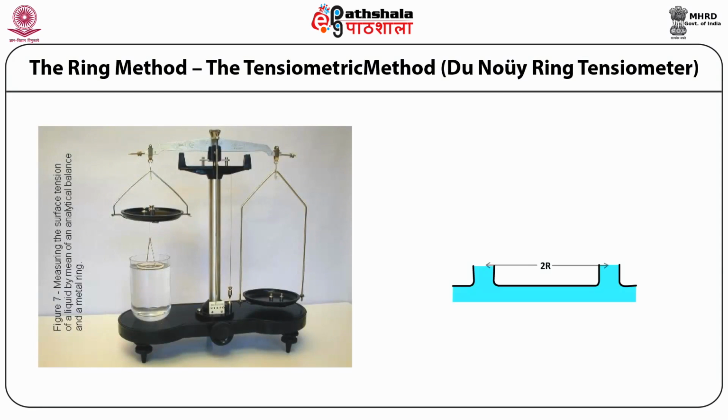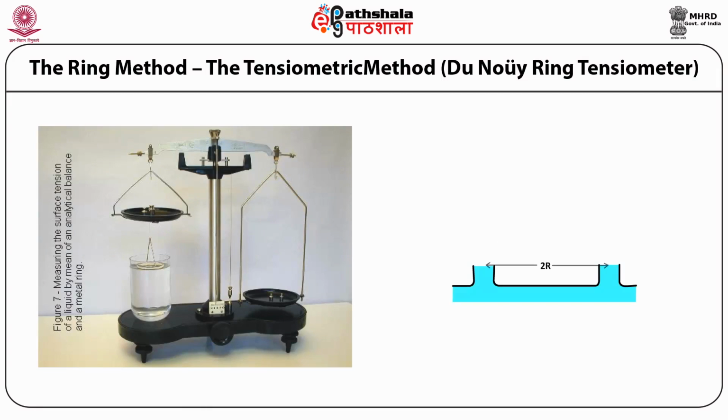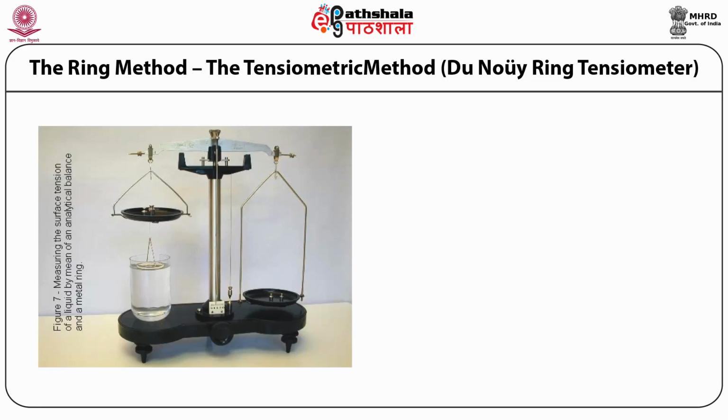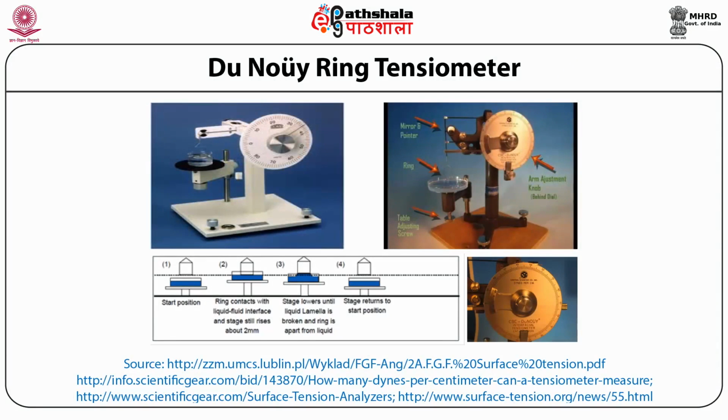Another method for the determination of surface tension is the tensiometric method, which is based on the principle of a ring placed over the surface of a liquid, and then different weights are applied, and the force required to just pull the ring is noted down using the tensiometer. This is the figure which shows how a du Noüy ring tensiometer looks.